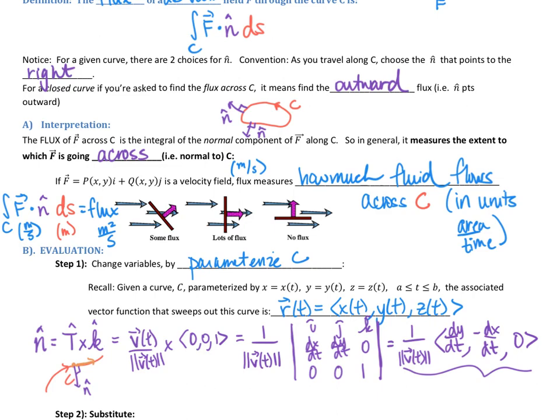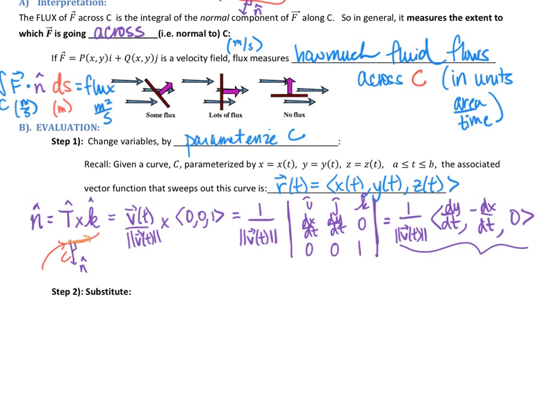Okay, so now we're going to substitute this in to find the overall flux. So we're just changing the variables. Flux is defined as this line integral, and then we're going to change everything to be in terms of t.